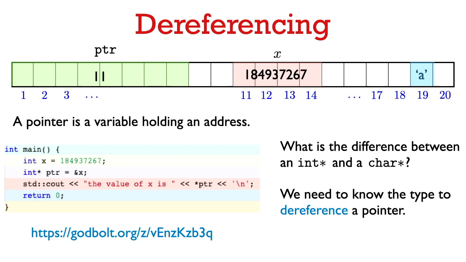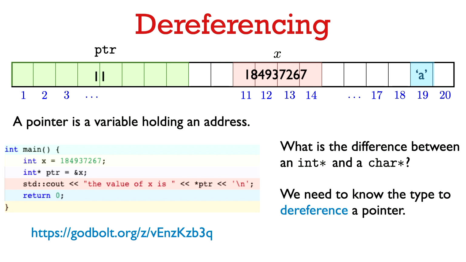Now, when we go to get the contents at that address, how much memory we need to read depends on the type of the object that's there. So for a pointer to a char, we're just going to read 1 byte at that address. Whereas for a pointer to an int, we need to read 4 bytes starting at that address.